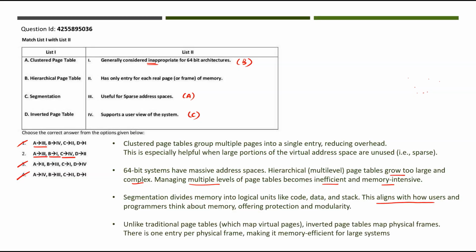Unlike traditional page tables which map virtual pages, inverted page tables map physical frames. There is one entry per physical frame, making it memory efficient for large systems. It has only one entry for each real page or frame of memory. D will be mapping to 2. Option number 2, A3, B1, C4, D2 will be the right answer.